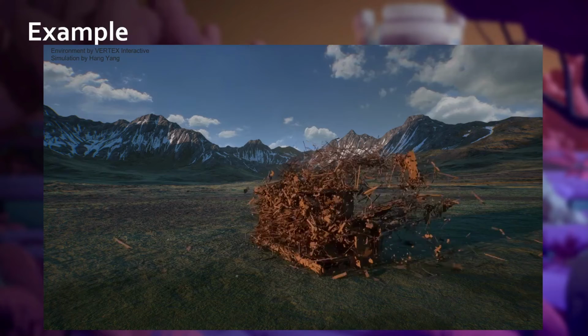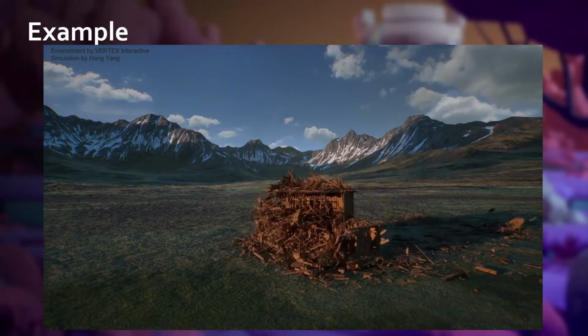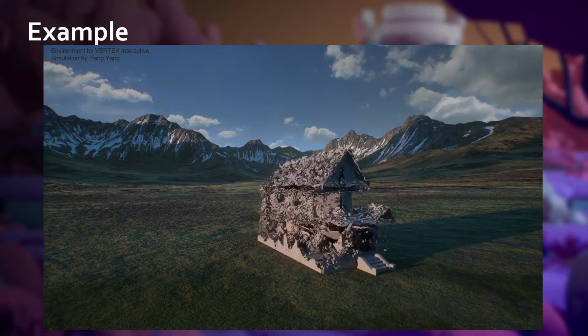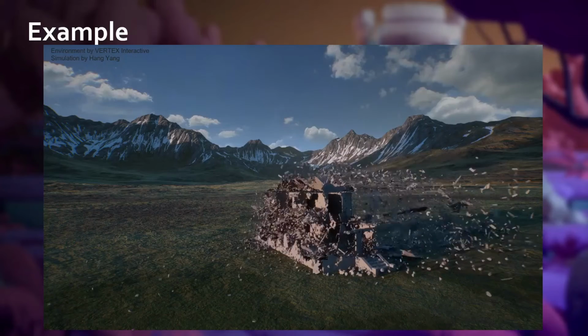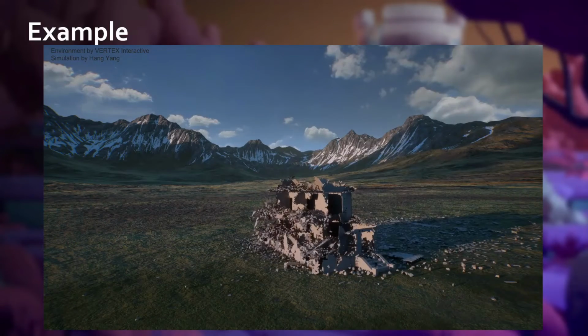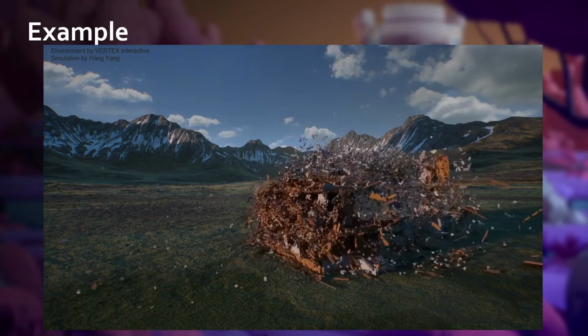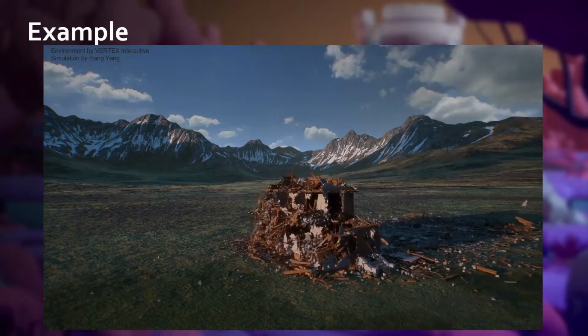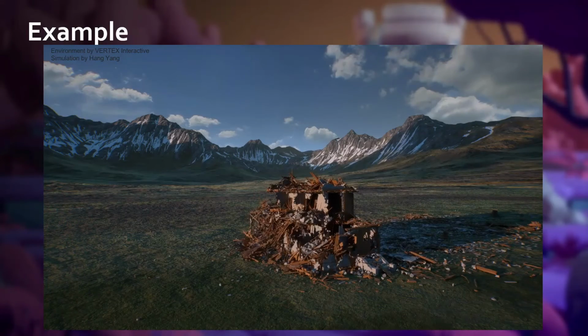Here, this house is fully destroyable, baked out into mesh, baked out into textures. We can see that we have quite a high amount of data here. We have this super realistic destruction of a house. This probably needs quite a high amount of textures, since there are a lot of individual pieces.